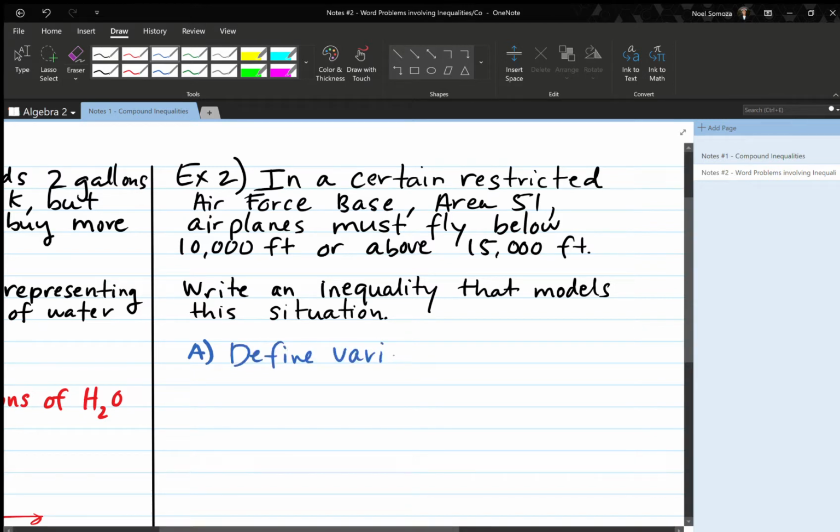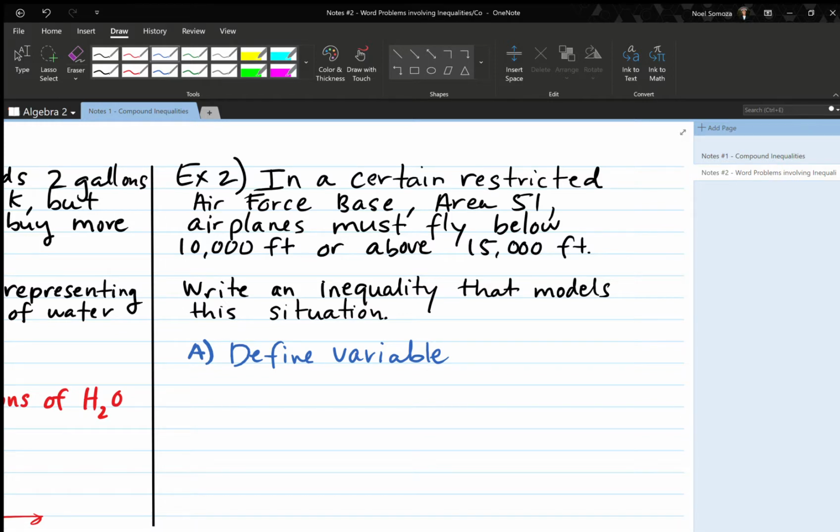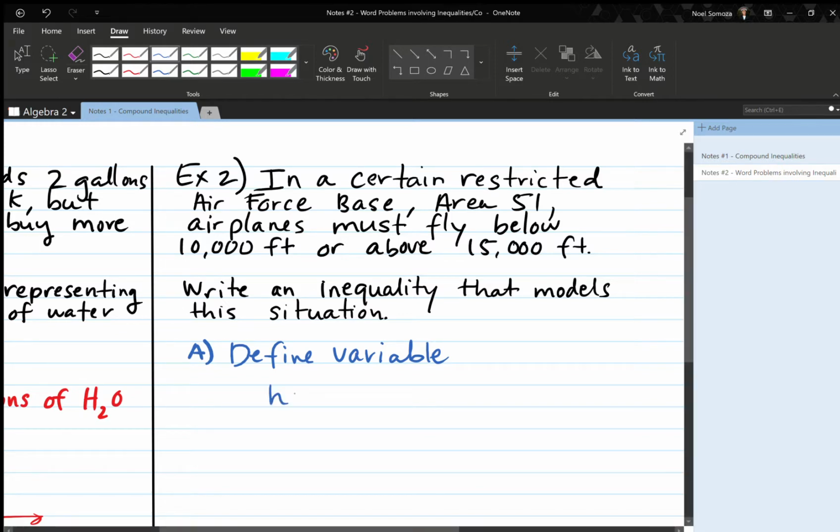What we want to define it for? H for height of what? Height of airplane. Okay, good enough.